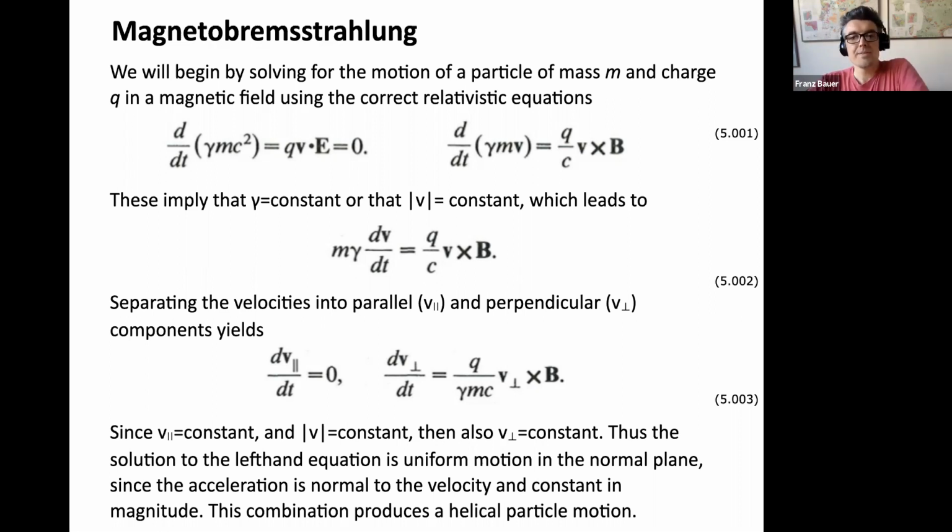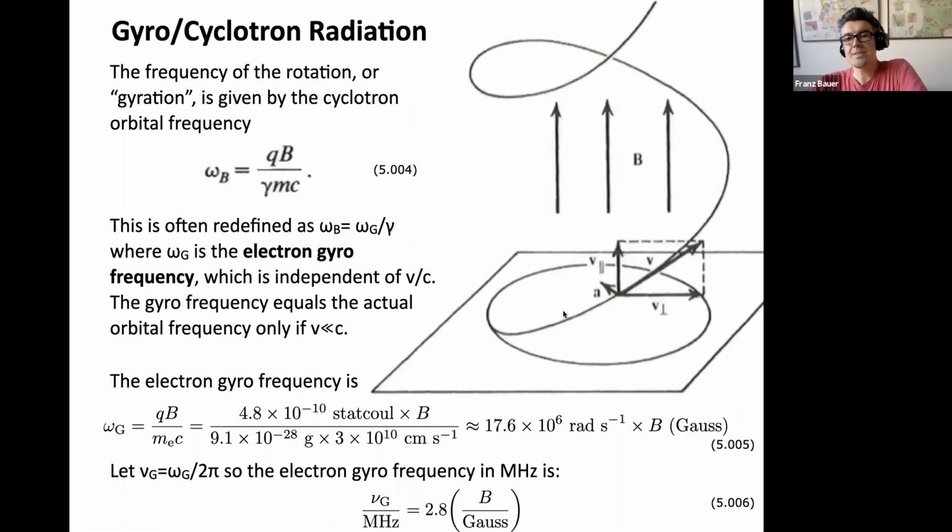It's going to look something like this. Magnetic field in this direction, velocity in this direction, parallel component, perpendicular component, acceleration inward. And so we will end up seeing helical motion go like this. The frequency of this helical motion, or this gyration, is the synchrotron orbital frequency.